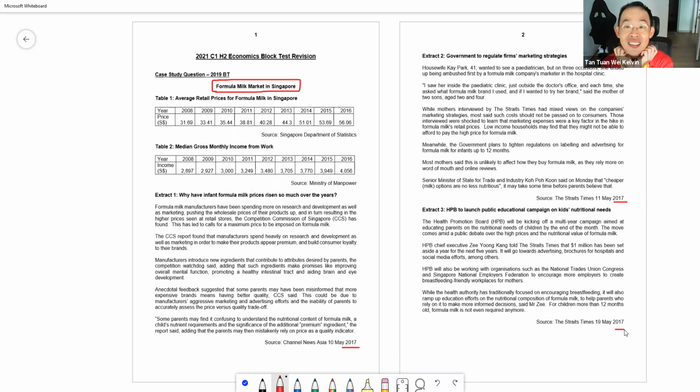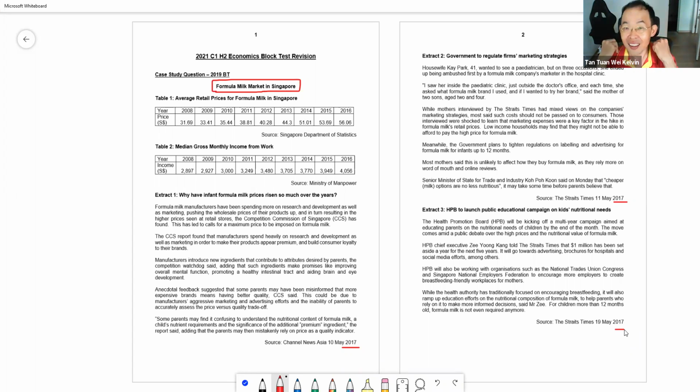You can expect the case study sources to be taken from 2020. That means last year. They try not to use the events of that year for the case studies because they think it's not fair to expect students to be aware of the news on the same year of the A levels. So usually, they expect you to know 2 years before.